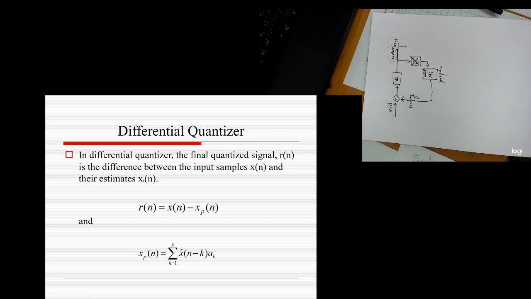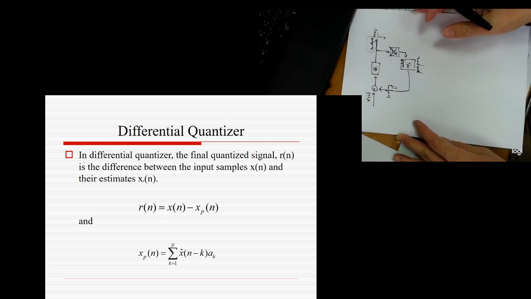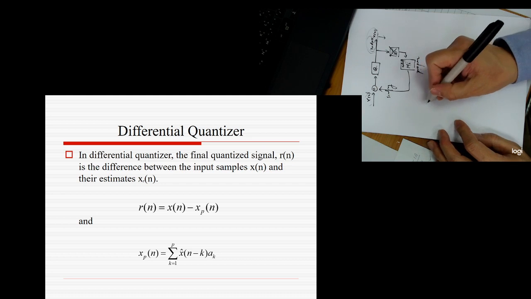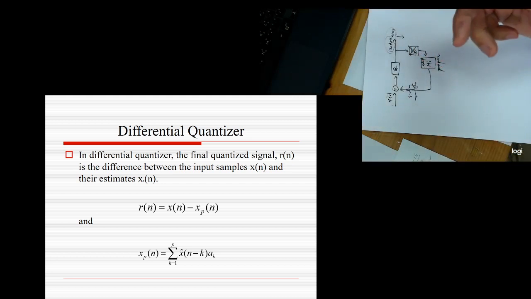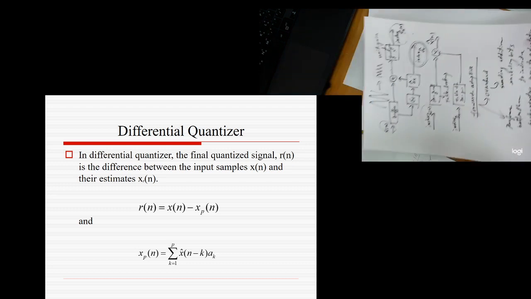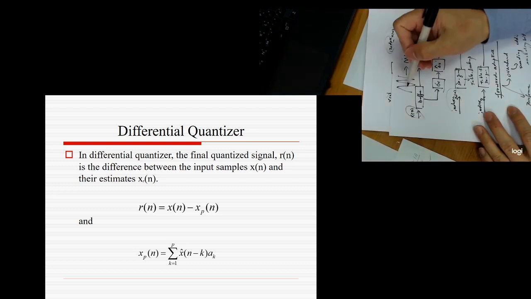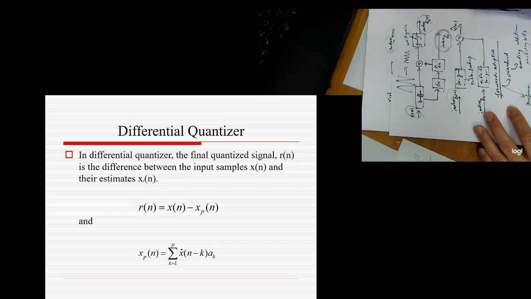We are trying to scale your data, as in the previous one, so a bigger dynamic range becomes a smaller dynamic range, which makes good use of your quantizer.